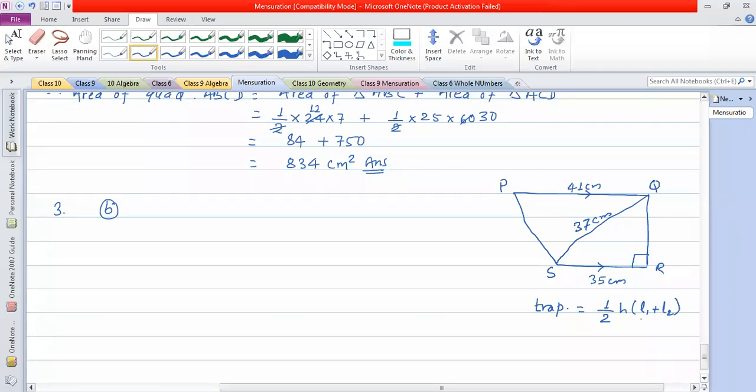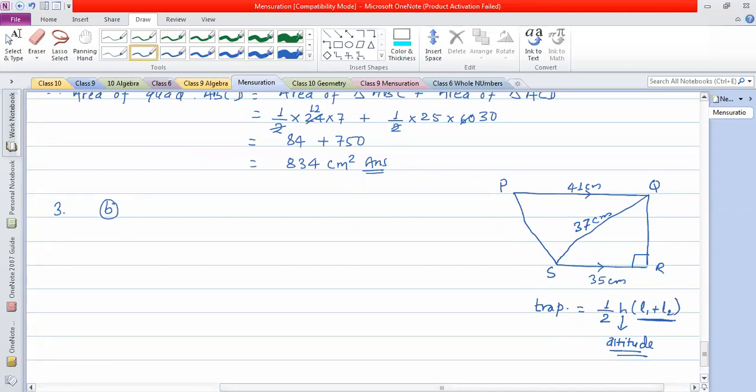So we are given L1 and L2, and this height, this H means altitude. Altitude means it is the perpendicular distance between the parallel lines, and here the perpendicular distance is this QR, but it is not given. Okay, so our task is to find this first of all, find this QR using Pythagoras theorem in this right angle triangle QRS.